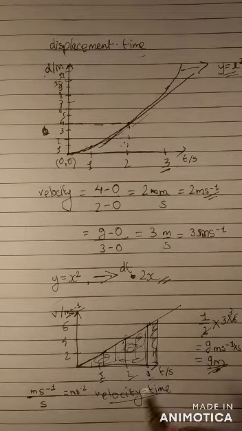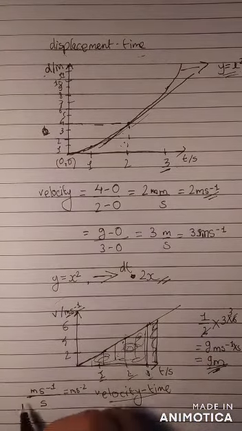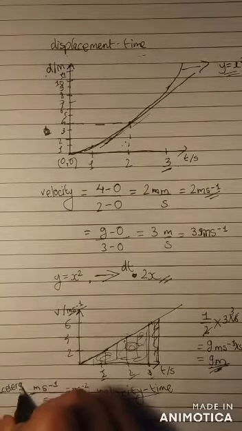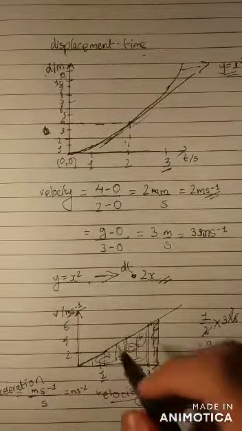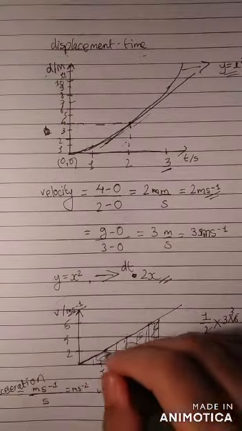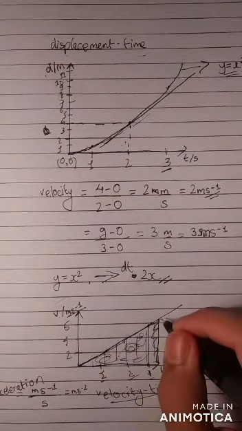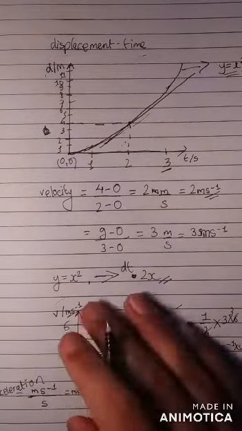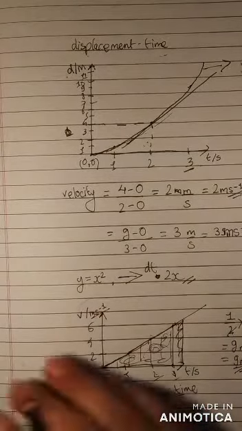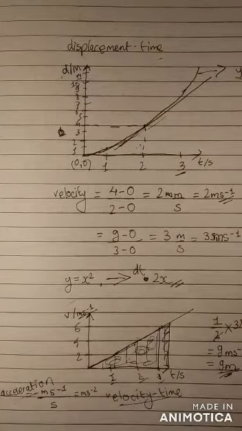Now what does this mean? This means we have got acceleration, as I told you in the previous page. So the velocity time graph gradient gives us acceleration.